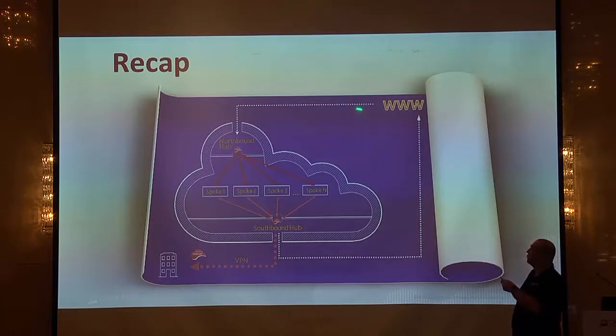Any traffic coming from the internet, we don't know where it's coming from, we don't know who's behind it, is going to hit those gateways here. And then only after they were approved by the policy and scanned with all the checkpoint blades in there, then we forward them to the appropriate spoke. Nothing else goes through that line.